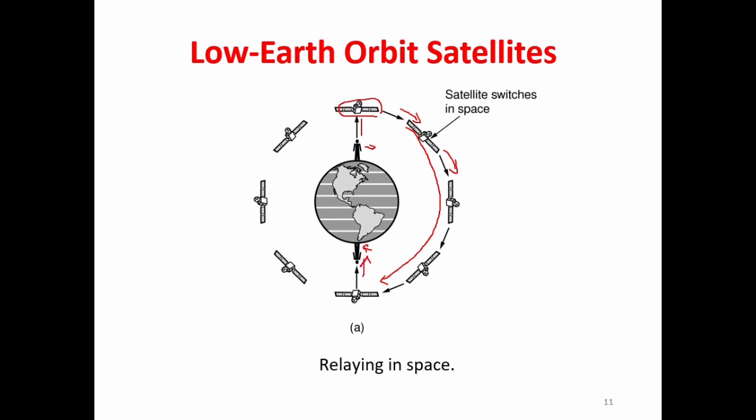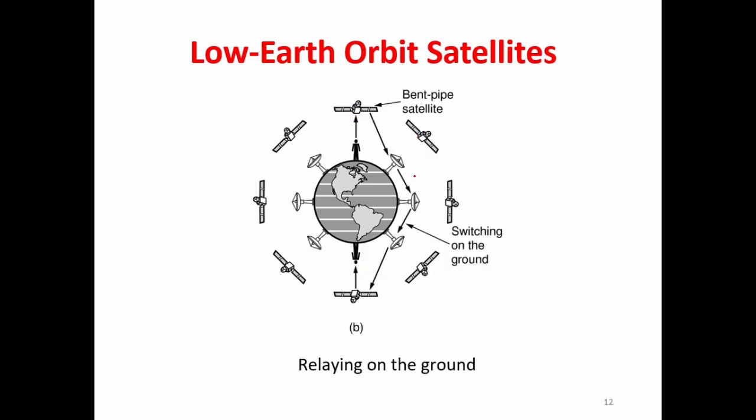But this is only one type of communication, based on the ring topology. Another type of communication is this. Again, the sender sends the information to the nearest satellite. But this time, the nearest satellite passes the information to the closest ground station. It's not working with the satellites again.